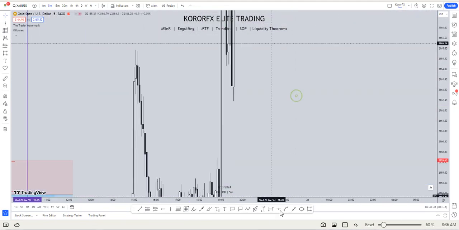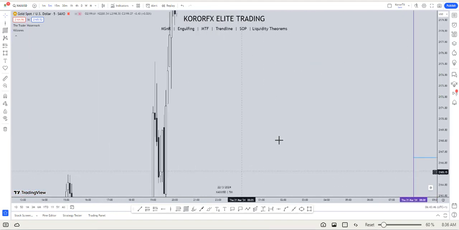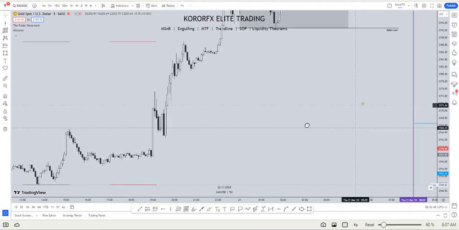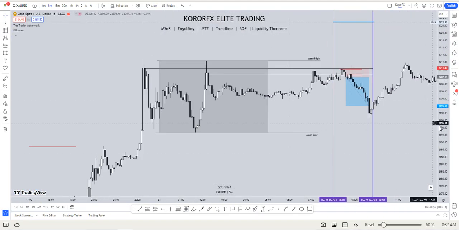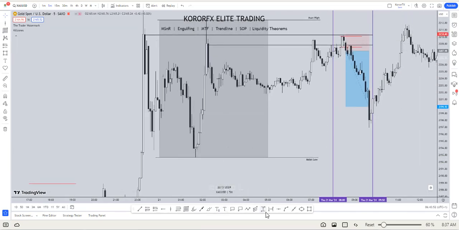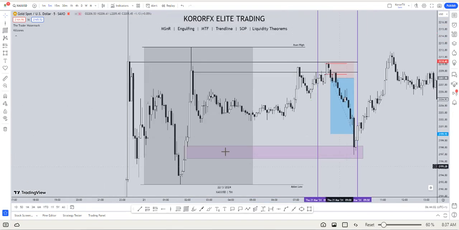In our previous setup, we still target the imbalances, where we have an imbalance level for our target. While SMCs use the imbalance for entries, I use imbalance for my exit points. So that's the target.